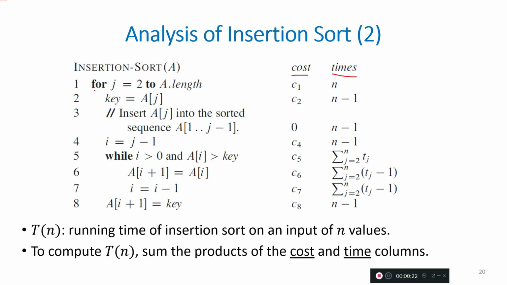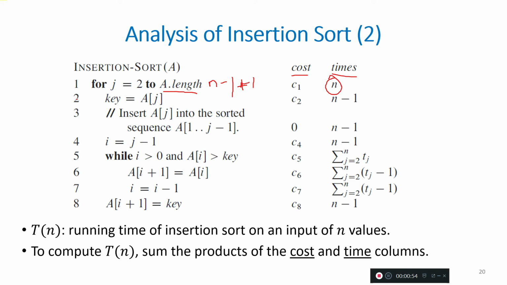The first instruction is a for loop, which goes from j is equal to 2 to A.length, which is basically n. So the for loop iterates n minus 1 times. But according to our assumption, a for loop or a while loop will always make one extra iteration before it stops. So we have n minus 1 plus 1, which would give you n.